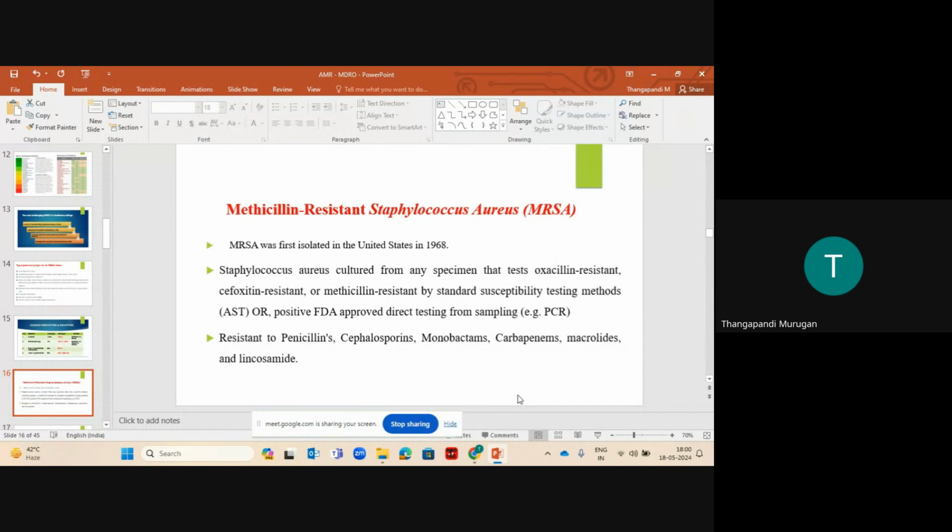But since the resistance rate is increasing very rapidly, we need to ensure that diagnostic tests are also reported very frequently, because in recent years diagnostic stewardship, like antimicrobial stewardship, has been increasing. I will explain that in later slides.